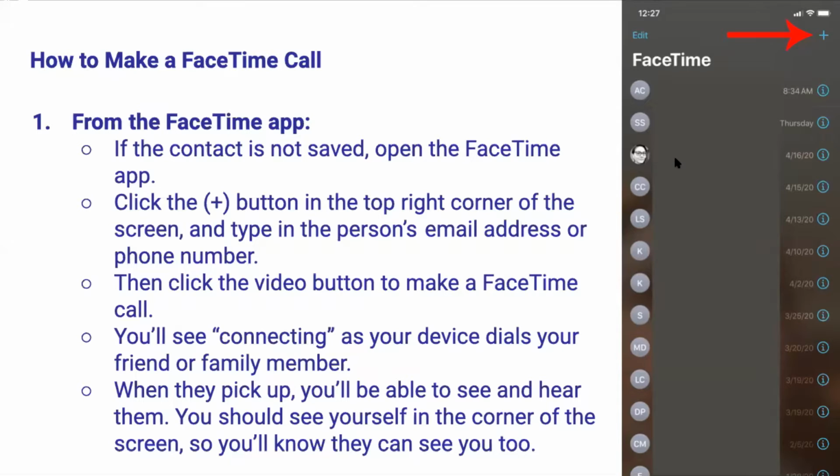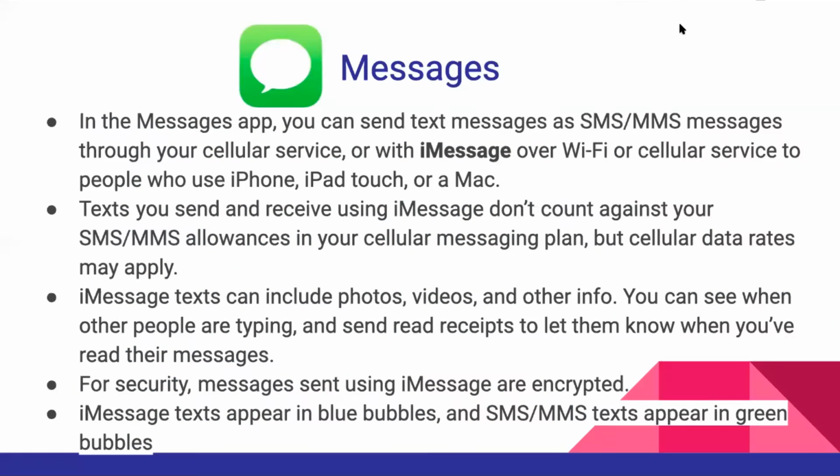And like I mentioned, once you click on one of them that's listed, it'll show you at the top that it says connecting. And immediately after, once they pick up your call, you should be able to see the person and also hear them.